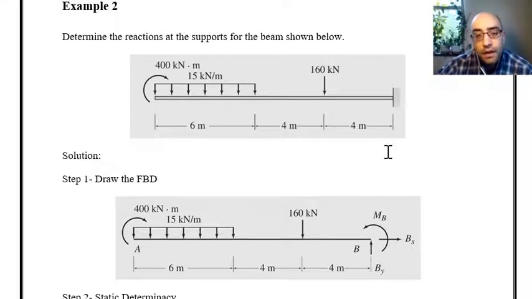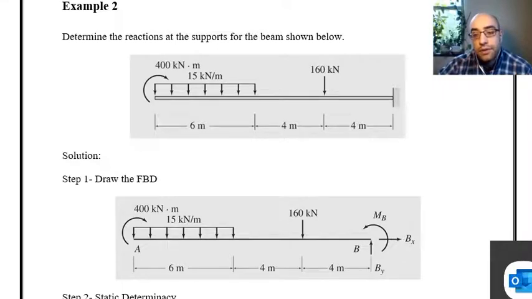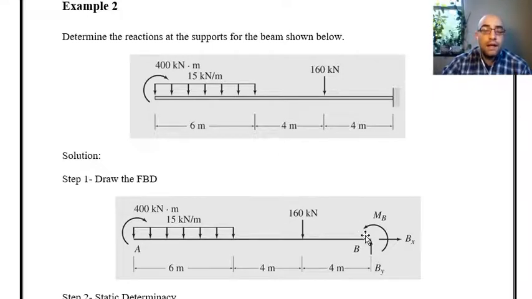So I assume By to be in the positive vertical direction, I assume Bx to be in the positive x direction, and I assume the positive bending moment to be counterclockwise, as I always assume positive moments are counterclockwise. So these are the reactions, and this is the free body diagram of the beam.